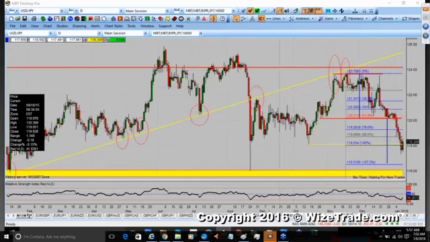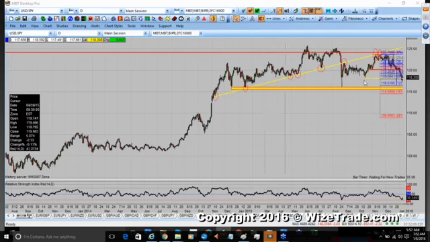You guys know I'm a big yen bull. I don't like to make huge predictions going into any year, but I said if I had to put my money on anything in 2016, it'd be buying yen.